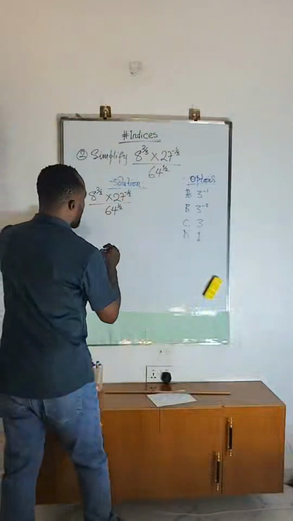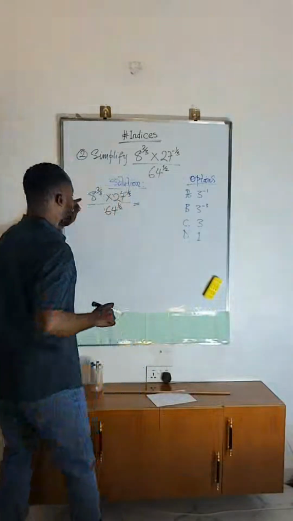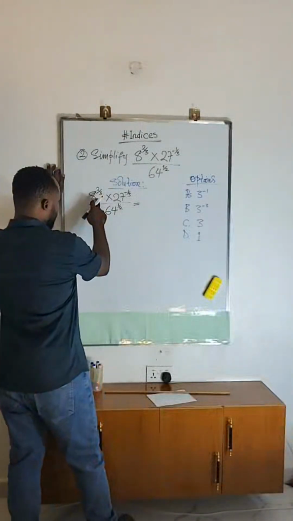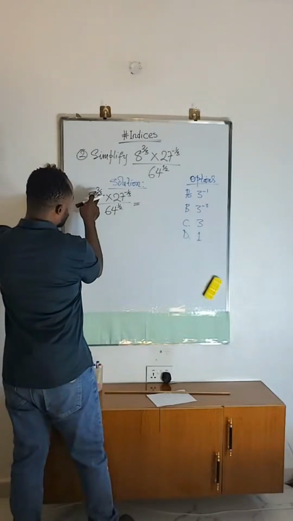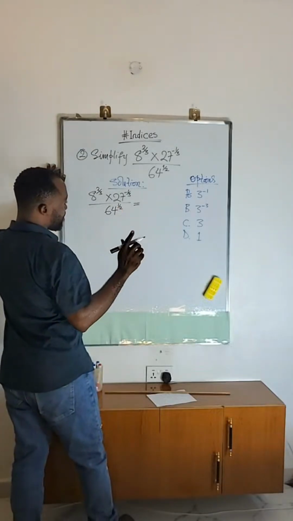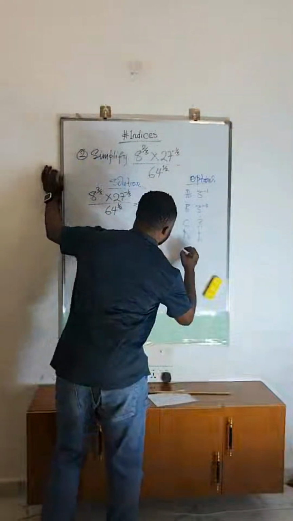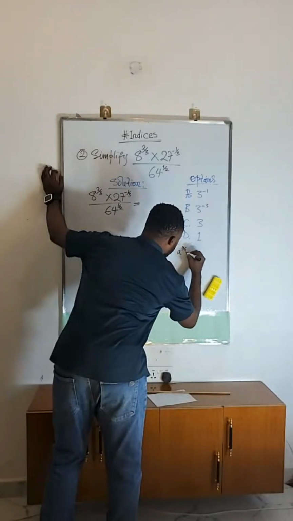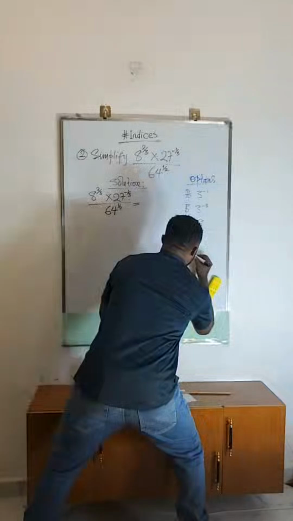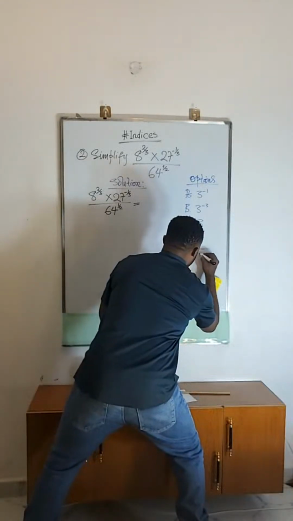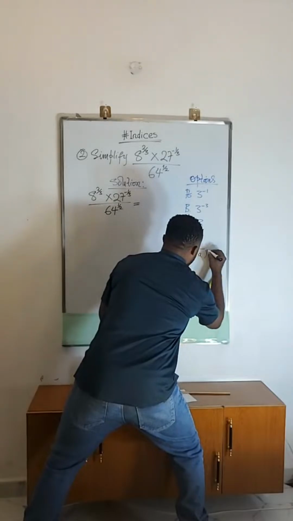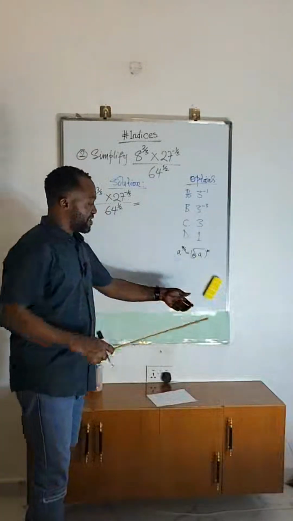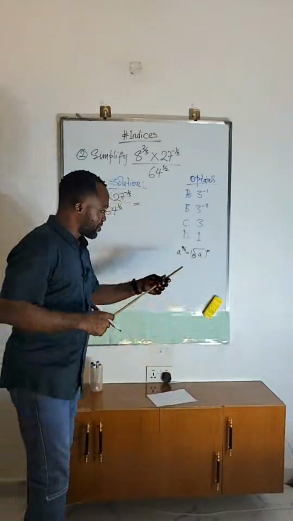Remember before, we have said that a raised to the power of m over n is the same thing as the n-th root of a, all raised to the power of m. If you can remember this, then you're good to go.